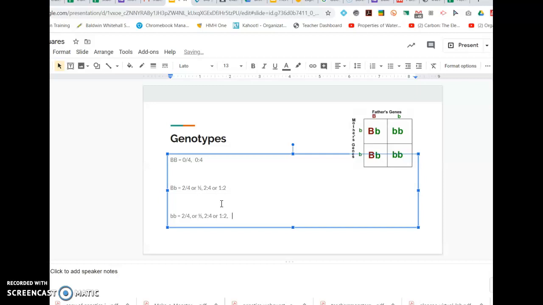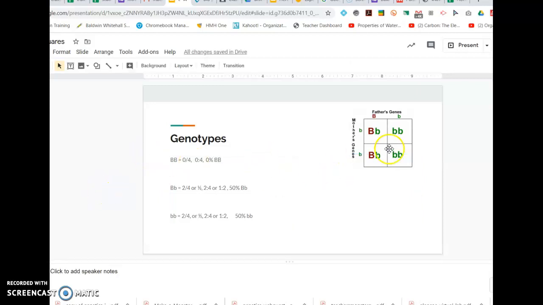Okay, finally, you could do a percent. So 50% are Bb, and this one is also 50% bb. This one is, of course, 0% BB.